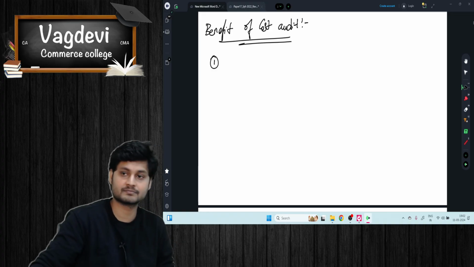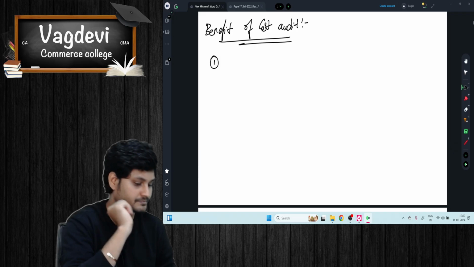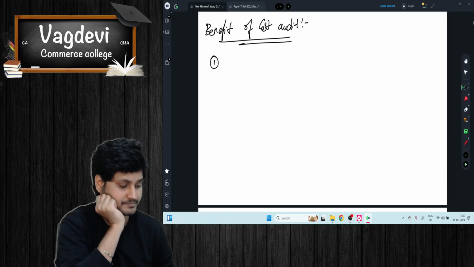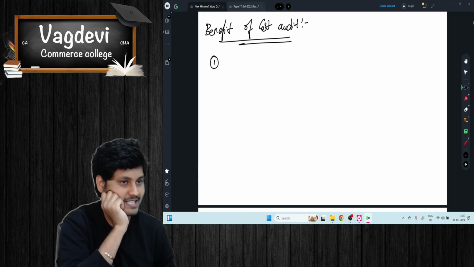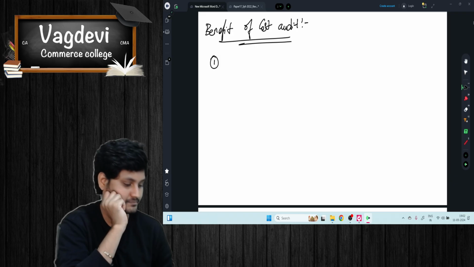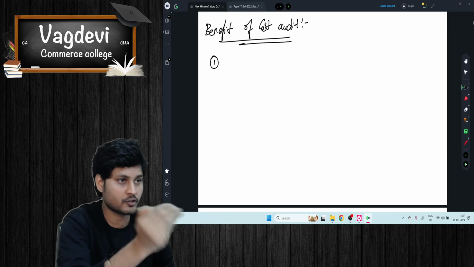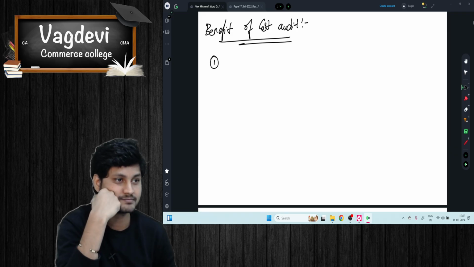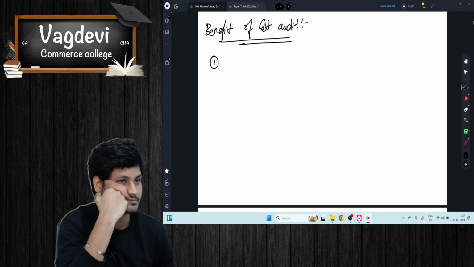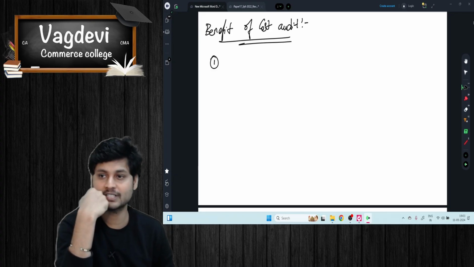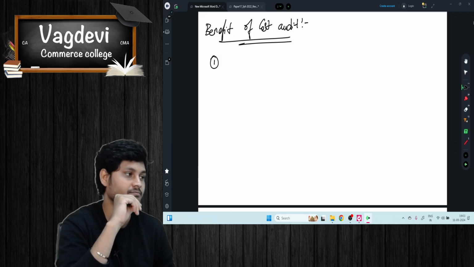As per section number 233B, for cost audit. 233B is for cost audit. Now it is section 148 of Companies Act 2013 for cost audit.